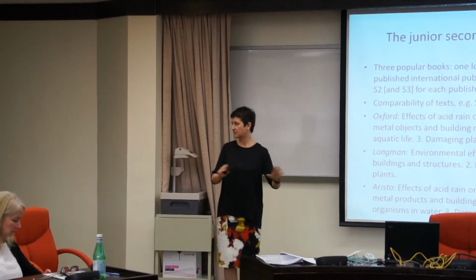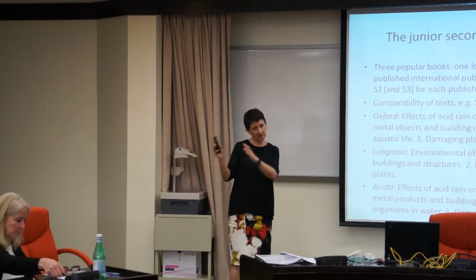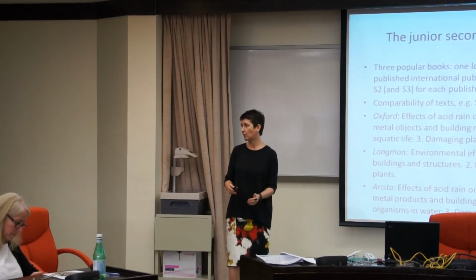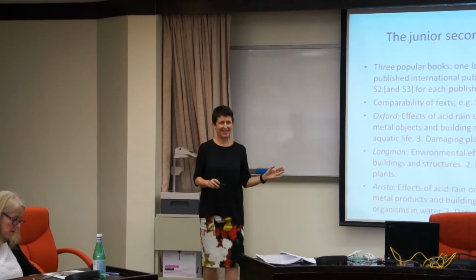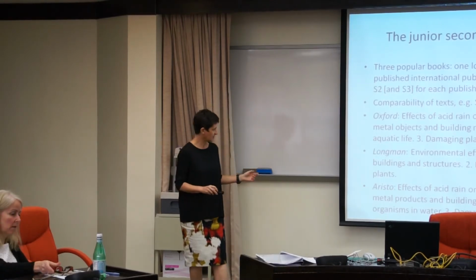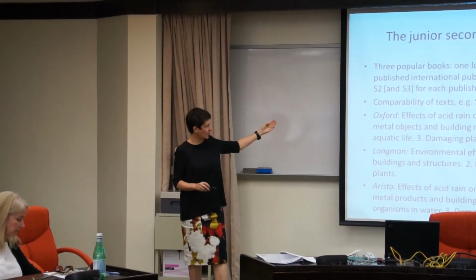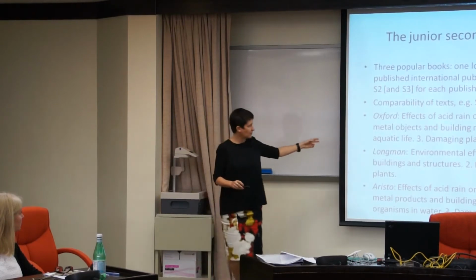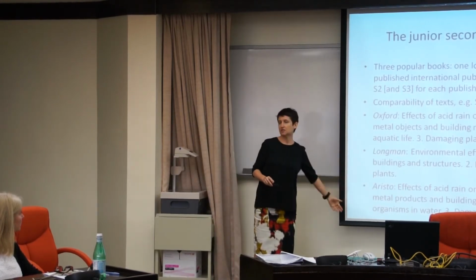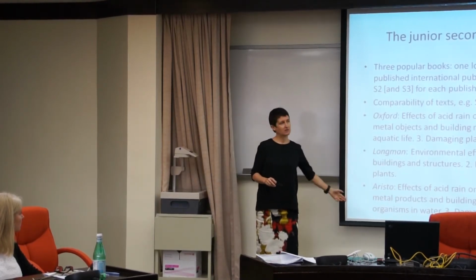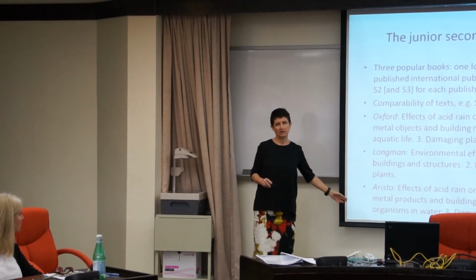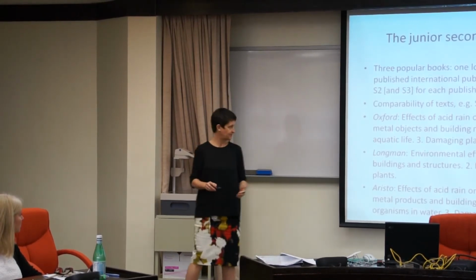Very, very different genres, and the subject matter cut up in very different ways. We don't get that problem here in terms of text analysis. If you look at this one example, the effects of acid rain, and if you look at the divisions, almost identical. And that happens throughout.